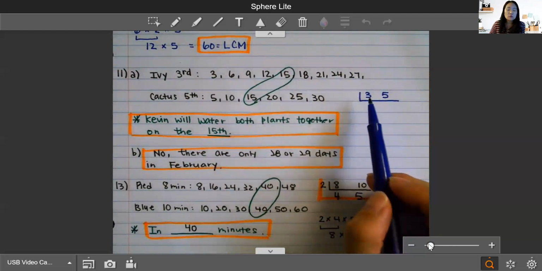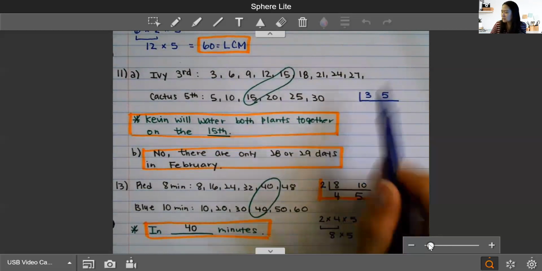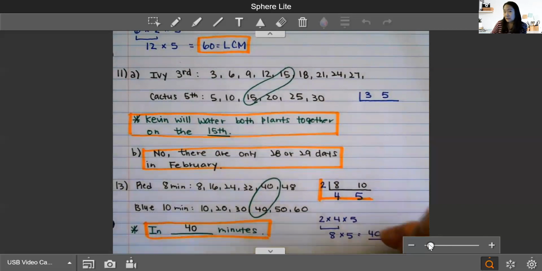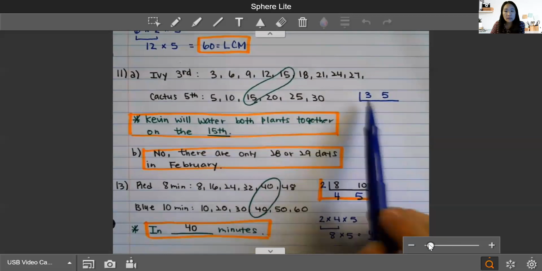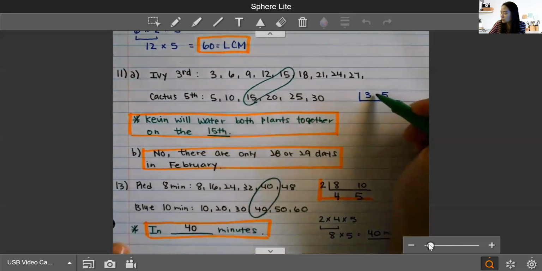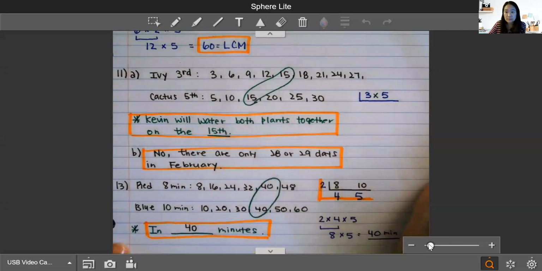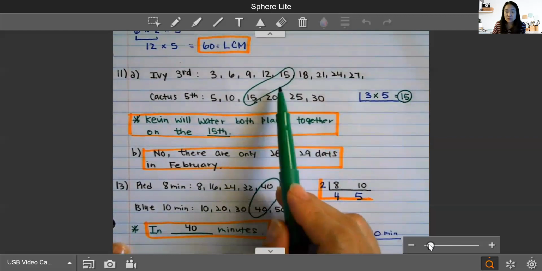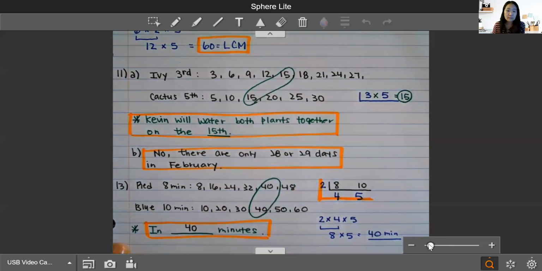And remember, you don't want to use 1 because then you'll just get the same number. If other than 1 there's no other common factor, then to find the least common multiple, you can simply multiply the two numbers. So 3 times 5, you get 15. And as you can see, it matches the least common multiple that you found when you were making a list.